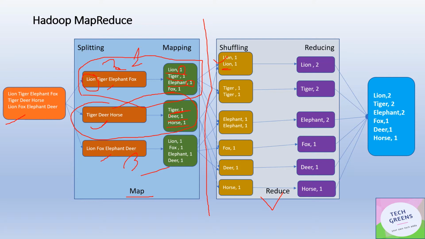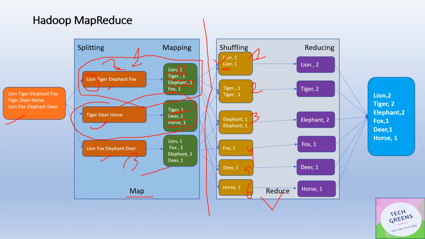If you see here, the key lion is the same, so they all went to, say, node 1. Similarly, the next key is tiger, and it went to node 2. Similarly, elephant went to node 3, then node 4, node 5, and node 6.